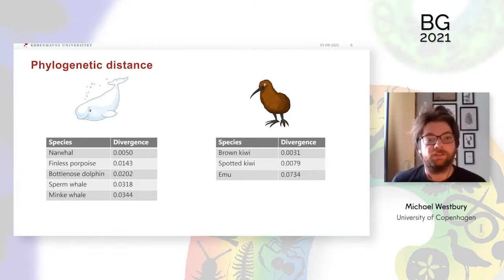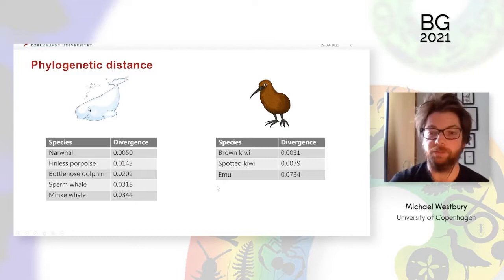So the phylogenetic distance of our target species to the other reference genomes that we had ranged for the beluga from about 0.5% all the way to 3.4%. And for the roe kiwi, it ranged from its closest relative, the brown kiwi, of about 0.3% all the way up to about 7% with the emu.